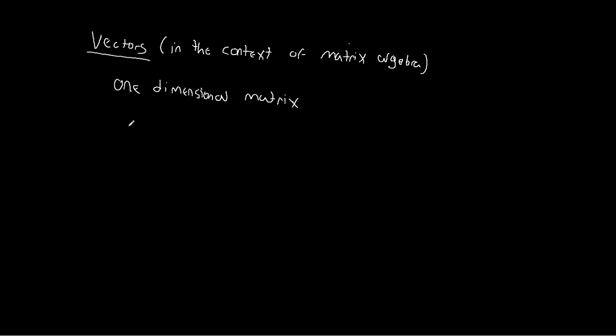That means that it either has one row or it has one column, okay? It either has one row or it has one column, or being the key word here.